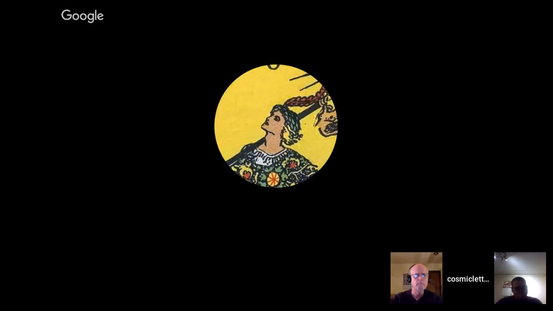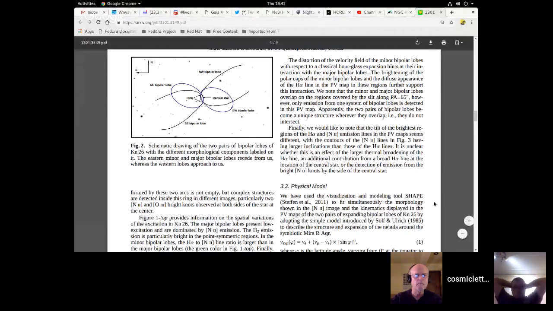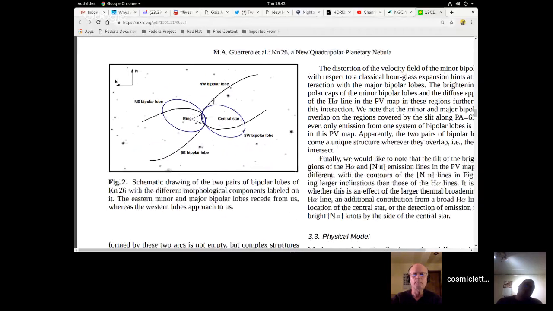Schematic, lobes, different morphological components labeled on it. Okay. So I guess that's sort of what I was looking for, the structure and everything else. So there's a central star, and then you've got these lobes and you've got these rings.